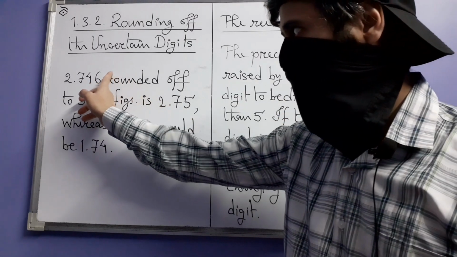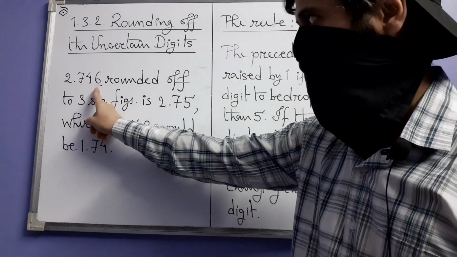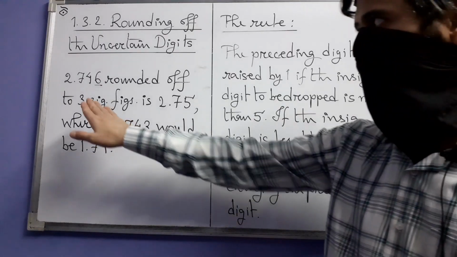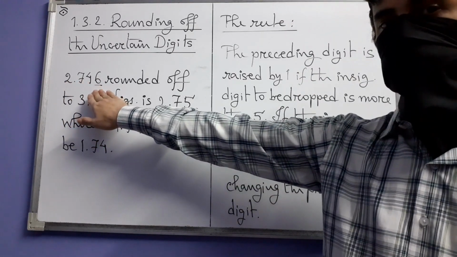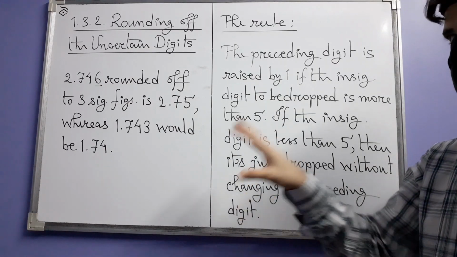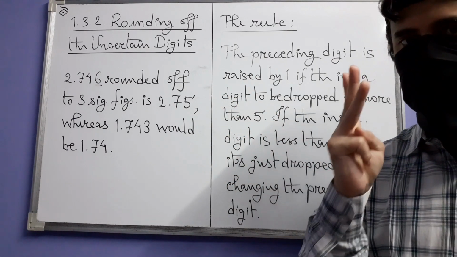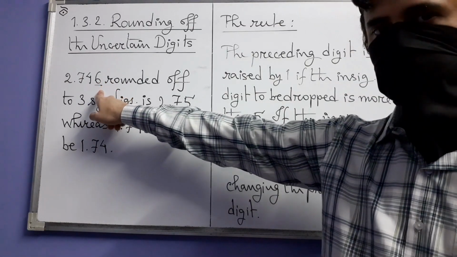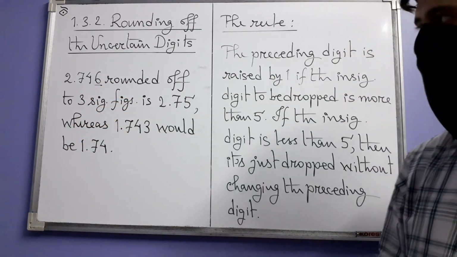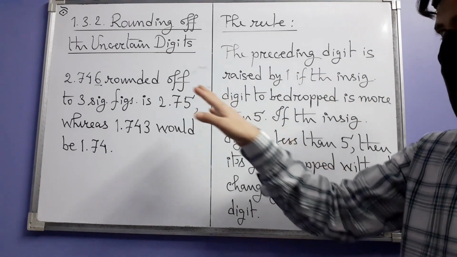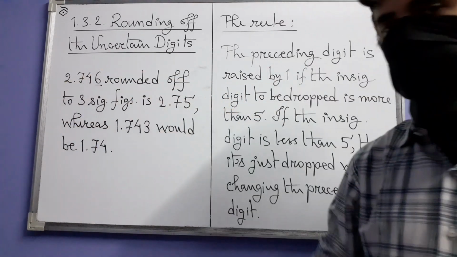Say the result of some calculation is this, 2.746. However, here there are 4 figures, 2, 7, 4 and 6, but actually the result should have only 3 significant figures. That means this 6, this last one, is insignificant. Now, if you just simply remove 6, will you just simply write 2.74?